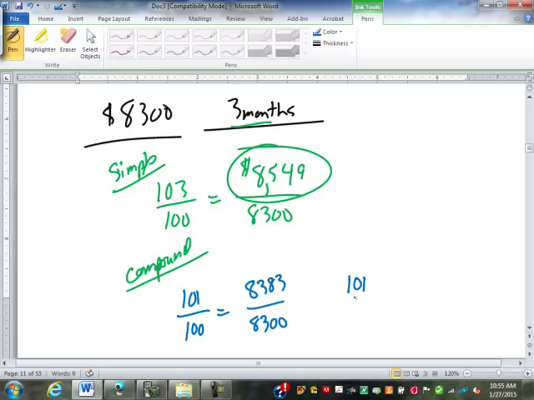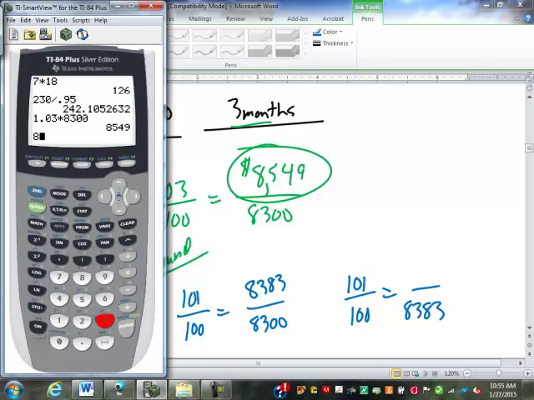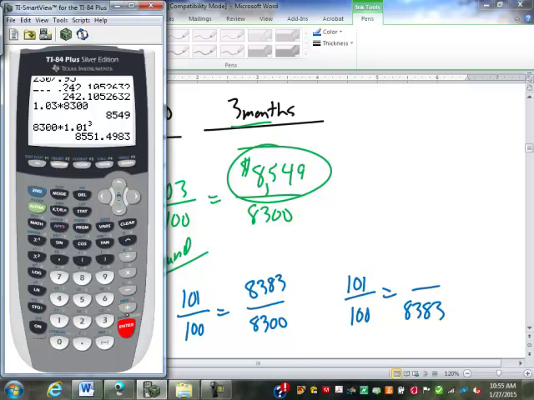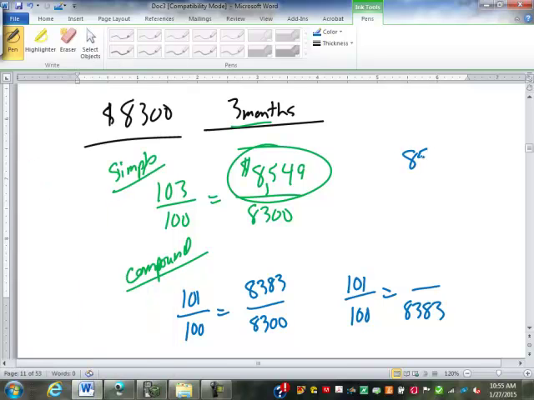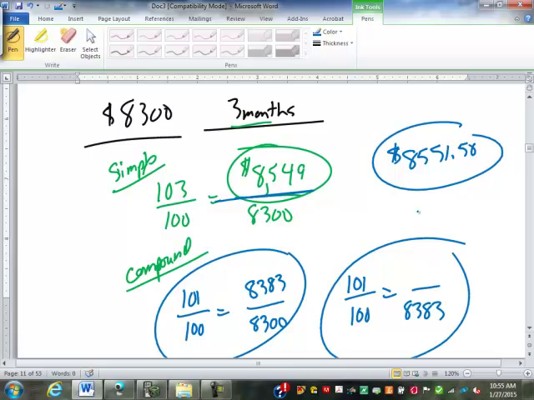You'd have to do another 101% for the second month, but now it's 8,383. You'd have to do that 3 times. You end up getting an extra $2.50 compared to just doing simple interest. But you do have to do this calculation 3 times to make it work. So it's kind of a bear. What do you think? Good stuff?